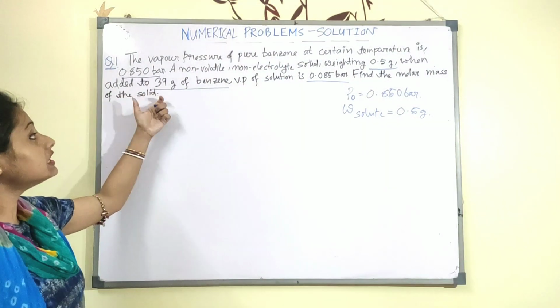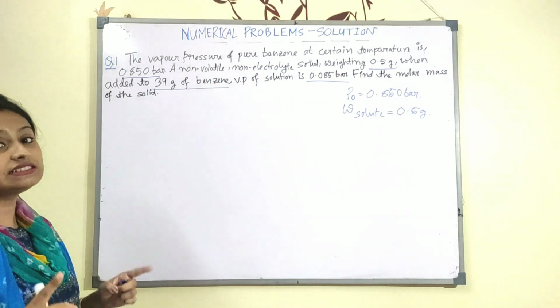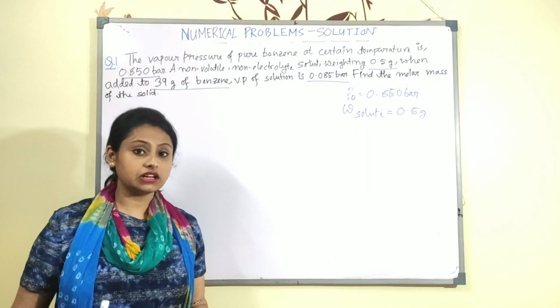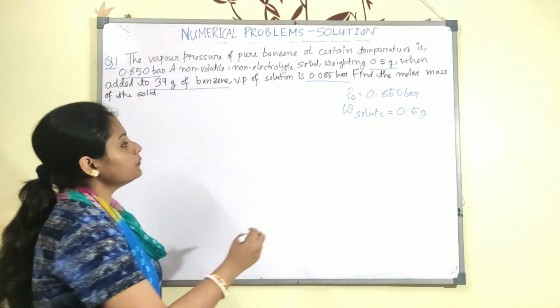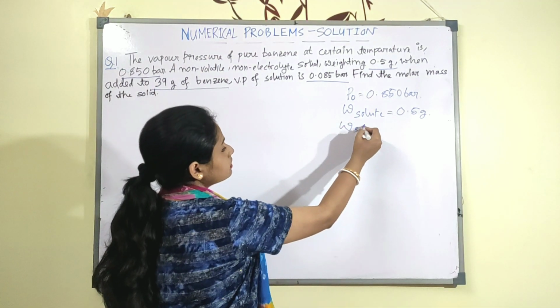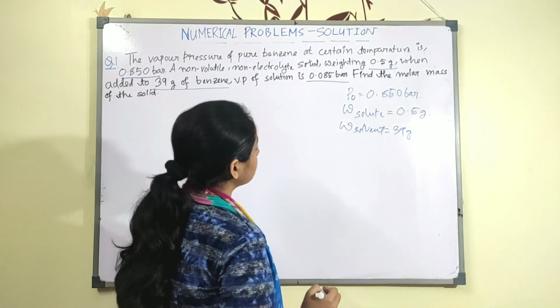When added to 39 gram of benzene, this benzene is the weight of the pure solvent. So, weight of solvent equals 39 gram.